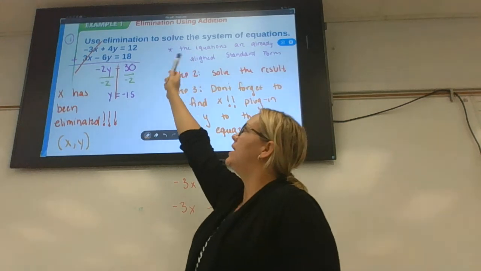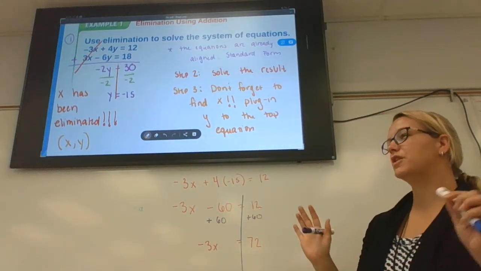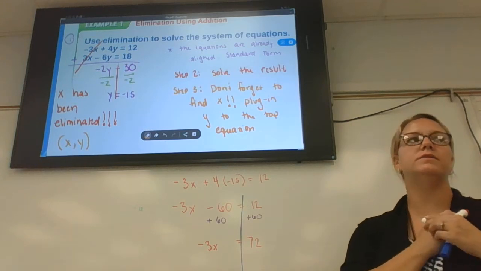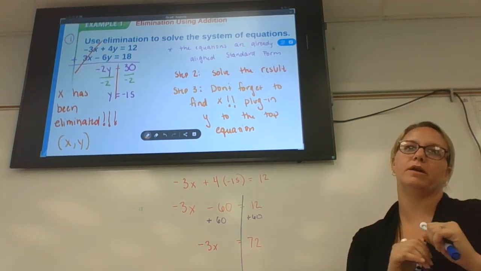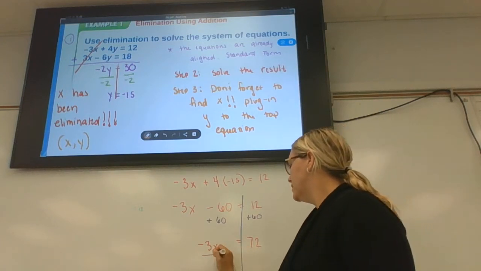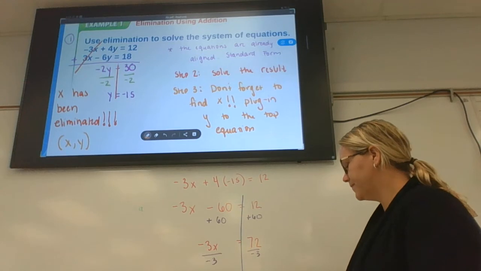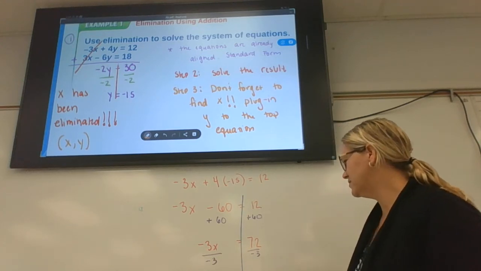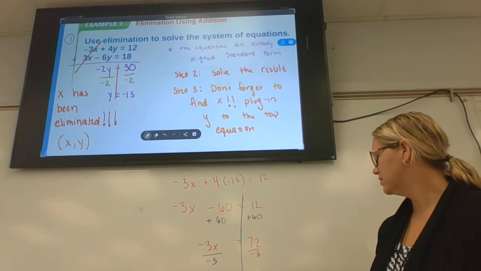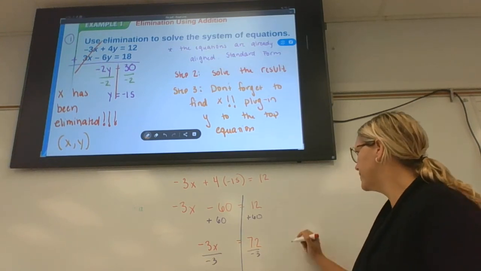It's the very top one in the problem. You can use either, actually. I'll always do the top just to be consistent, but you can pick which equation you like better, because they both have y's. Divide by -3. And x equals what? -24.